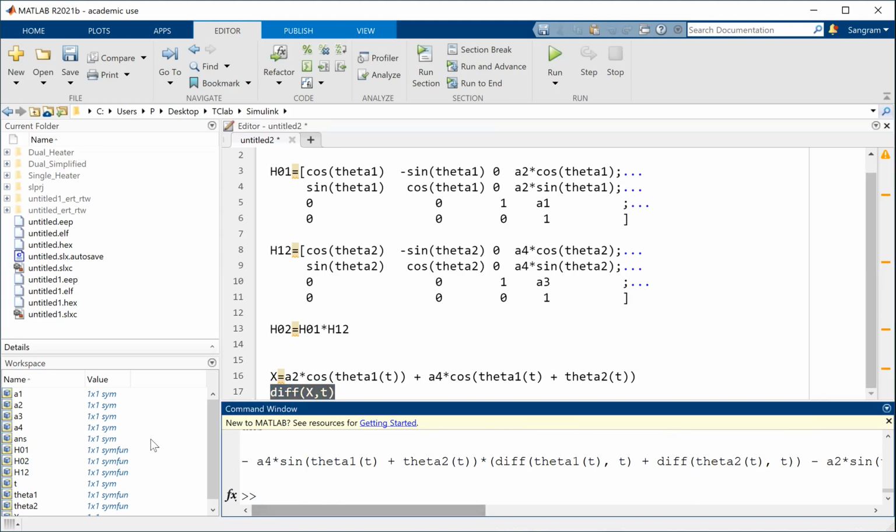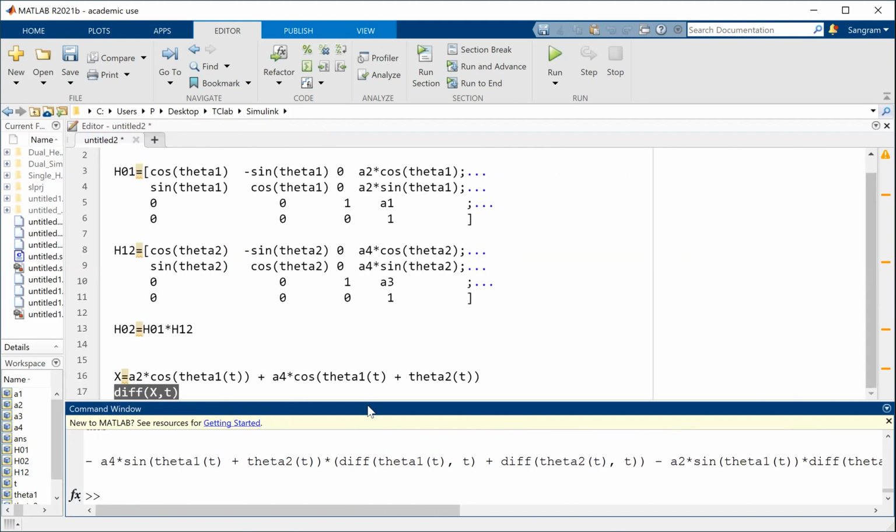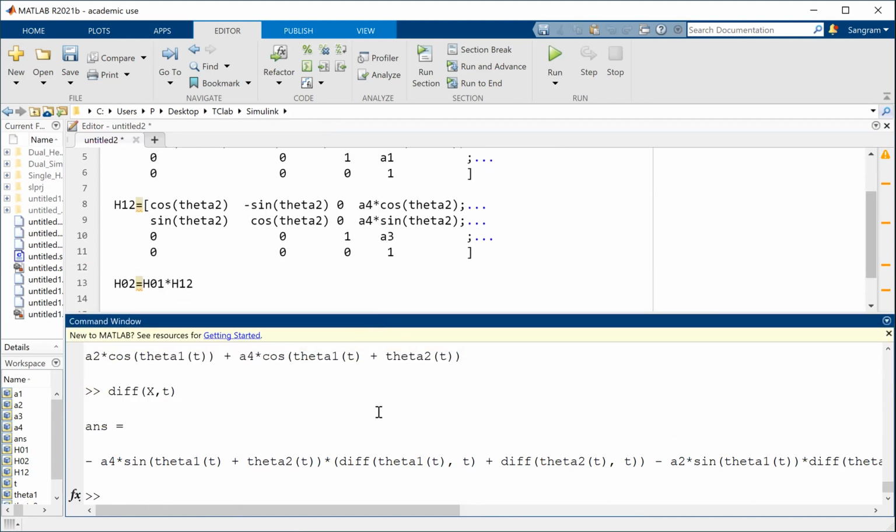The only thing you should be aware of is that Matlab is showing you this quantity, where the differentiation of theta 1 of t with respect to t is theta 1 dot, and the differentiation of theta 2 with respect to t is theta 2 dot.